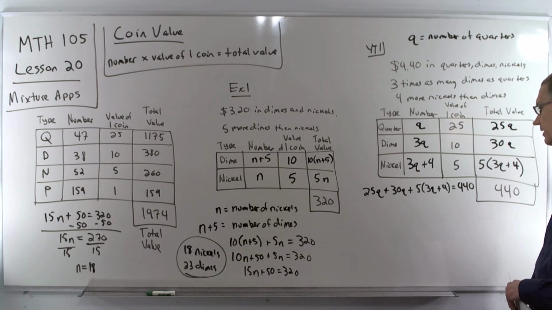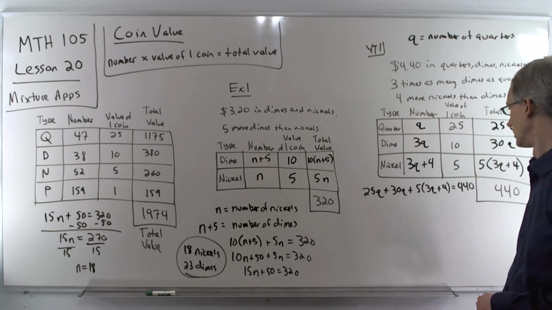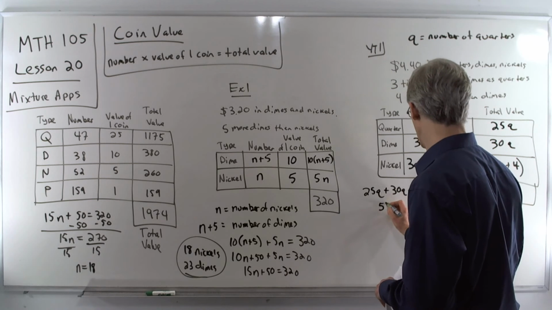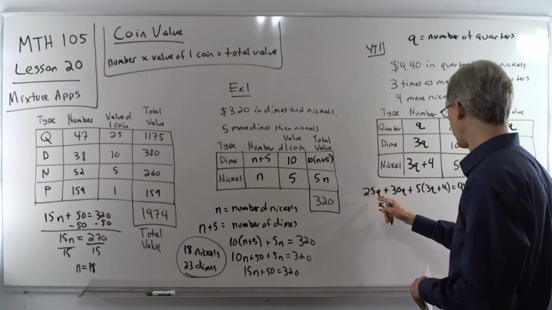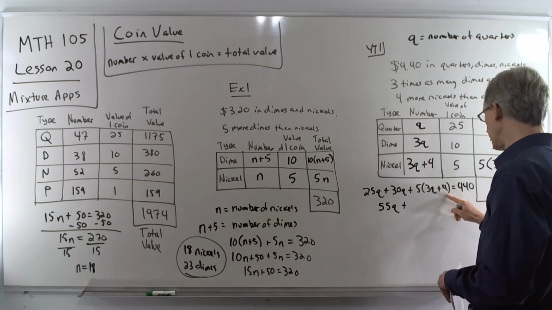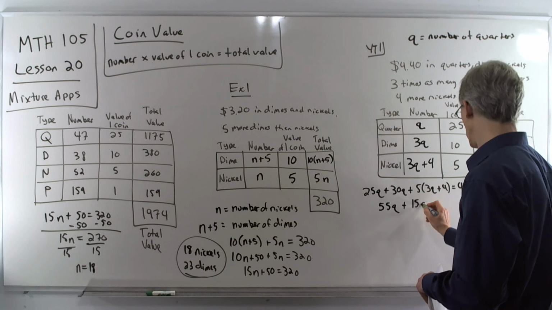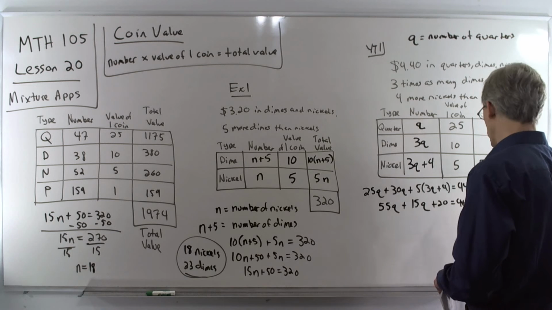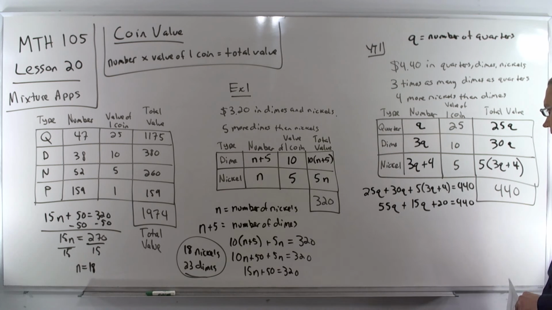And now we can simplify on the left. 25Q plus 30Q gives us 55Q. And then I'm going to distribute in here. Distributing gives us 15Q plus 20.